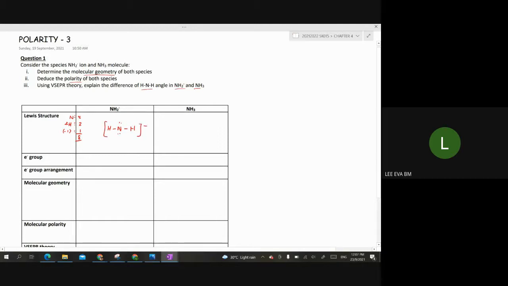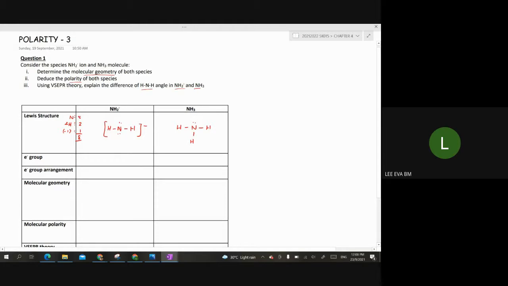Okay, so ini adalah structure untuk awak punya NH2 negative. Always check back lah, the total electron inside the structure and the calculation should be the same. 2, 4, 6, 8 in the structure, total value also the same. Similar to our NH3 calculation, you have to show it yourself lah. So the structure of NH3 like this. Ini contoh method terus letak shape. Kalau awak belum familiar lagi, awak boleh lukis biasa. Without the shape.